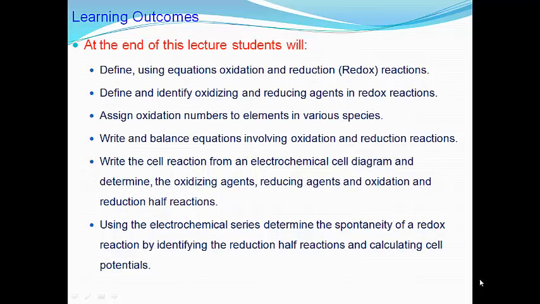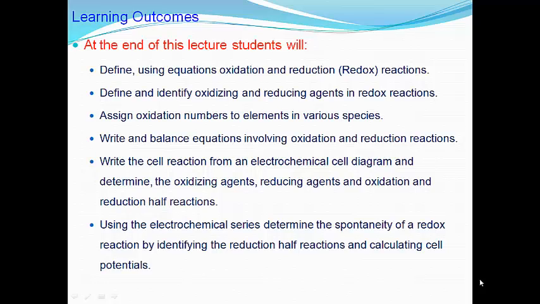During this lecture, we're going to spend some time looking at that, and at the end of this lecture, you'll be able to define oxidation and reduction reactions, and identify some of the fundamentals of these types of reactions, for example, identifying oxidizing and reducing agents.